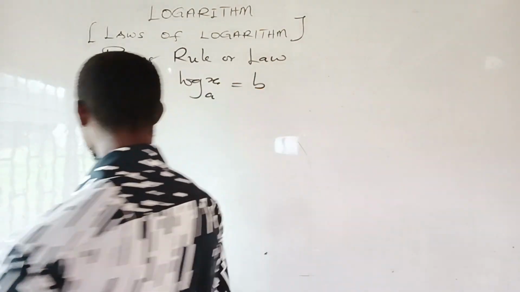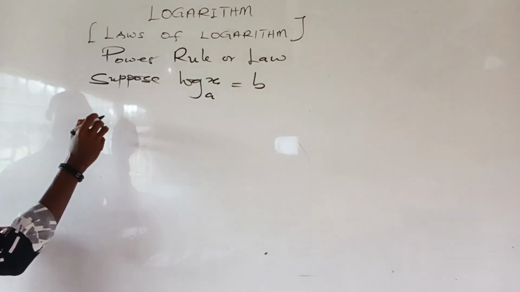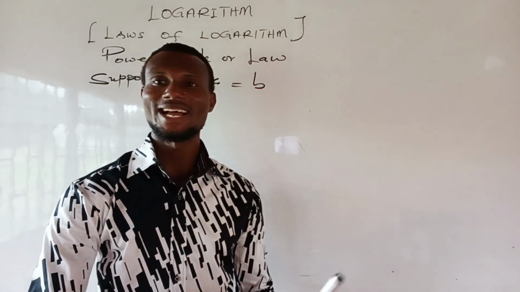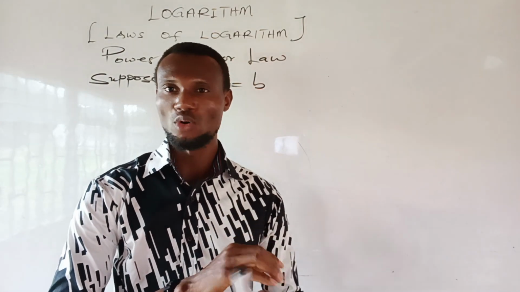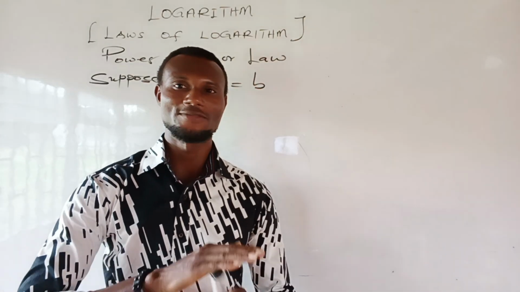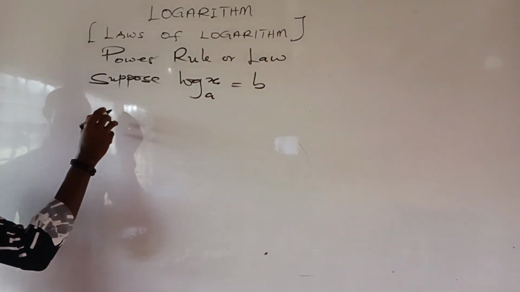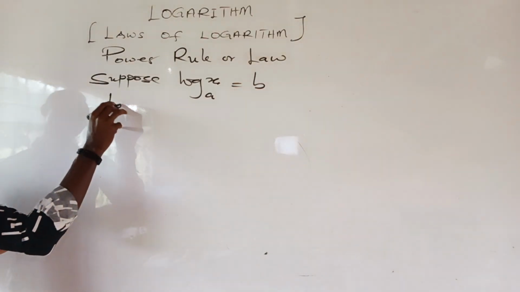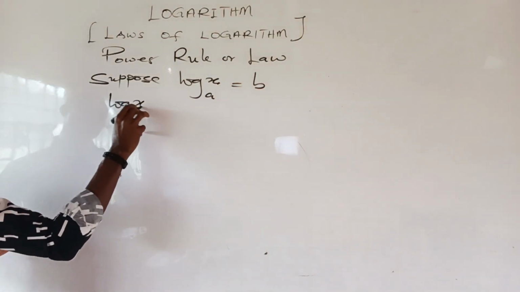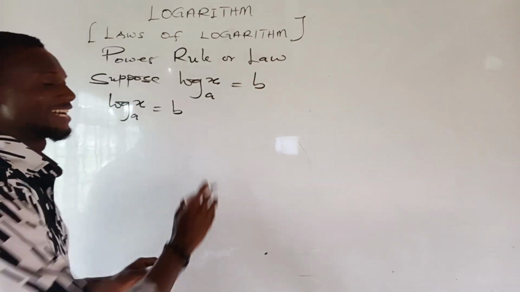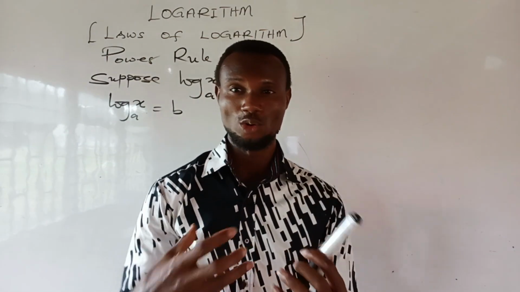Now, I'm going to pick this equation and write it in a form that doesn't contain any more log. I've explained this a lot in the previous videos. Having log s to the base a equals b, you can see that it's an equation that contains log.